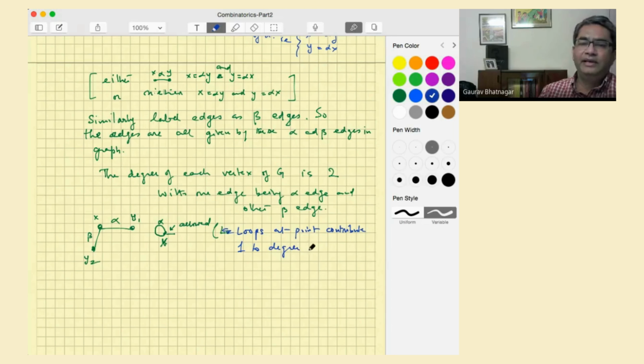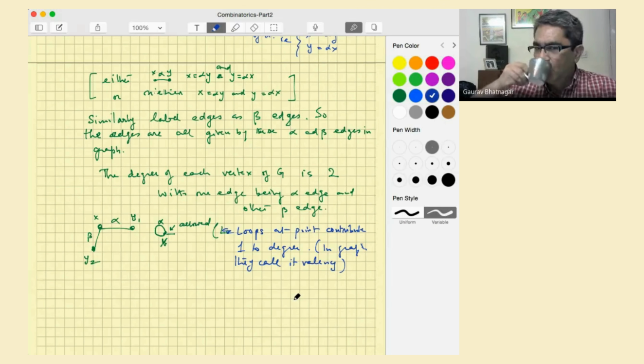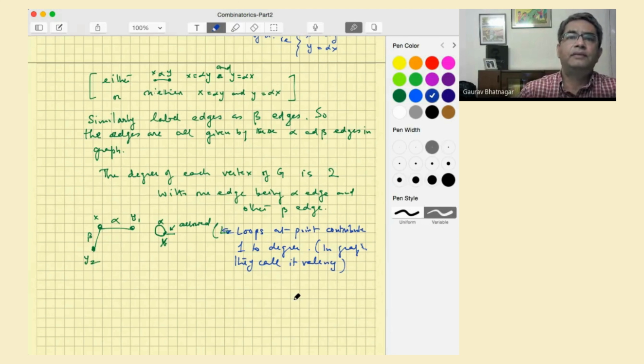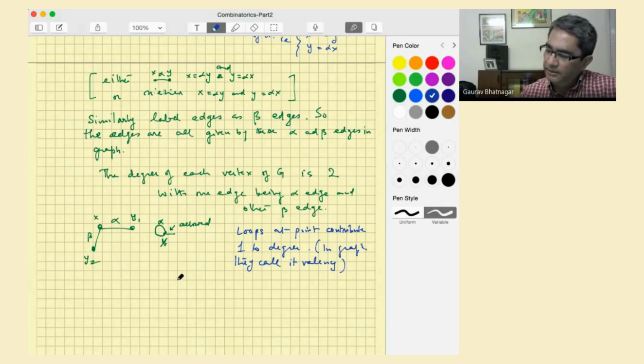Actually, in graph theory, they often distinguish these two things. They call it valence. Sometimes they say loops have degree divided by 2, and so on. As long as we know what it means, it's okay. Fine. So now the argument.